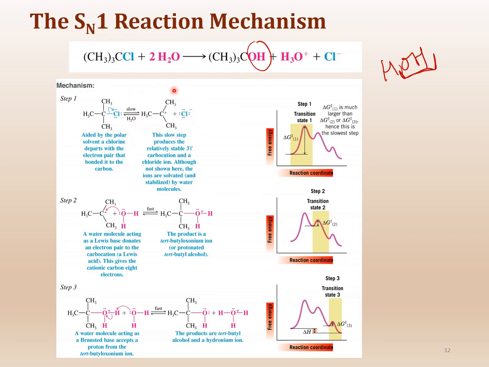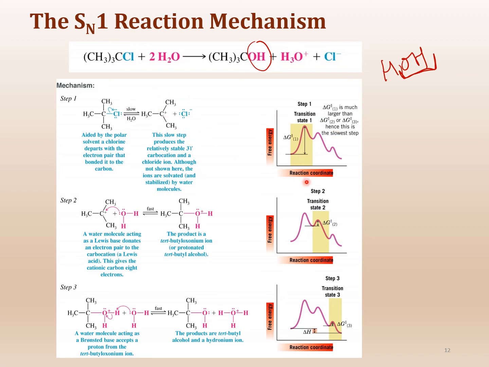This is an important thing, because right here you just formed a carbocation. A carbocation is a positive version of the carbon because it has fewer electrons. Why does it have fewer electrons? Because the chlorine took the electrons with it when it left. So chlorine has the electrons, carbon is left without them, so carbocation. That's step number 1.